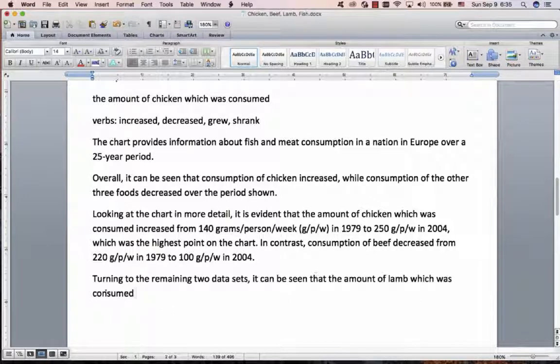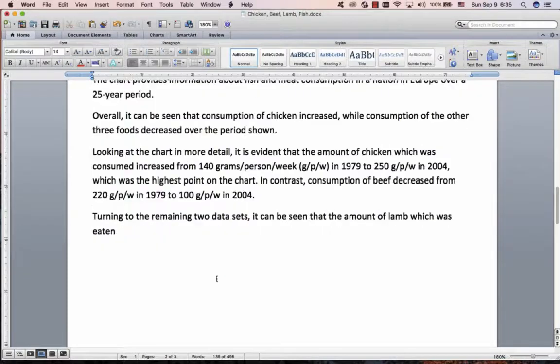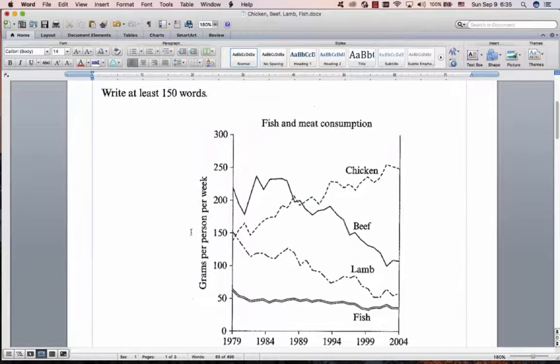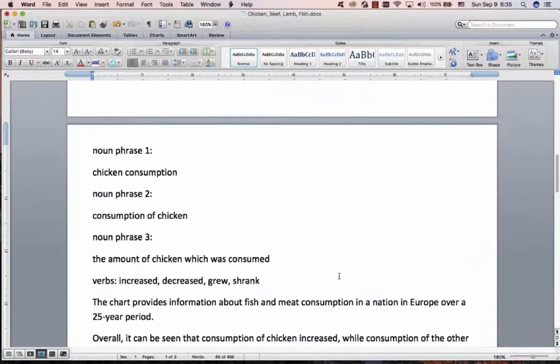In this case, I can think of a nice synonym for consumed, so I'll use it. It's just eaten. Same thing in this case. We want to say it slightly different. There we said increase as our main verb. So another way of doing this is started at 150 and decreased to 60.